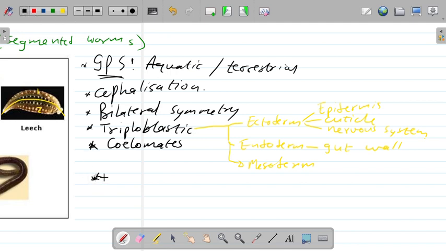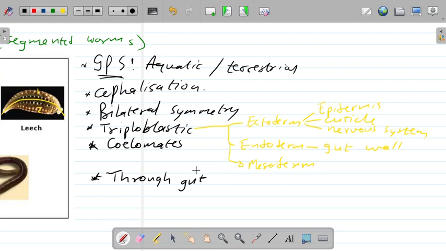Right. Let's move on. Now, they have two digestive openings, meaning they have a through gut, unlike their cousins that have one digestive opening. So what does this mean for these guys? This means that they can ingest and digest simultaneously. They have a mouth and an anus.